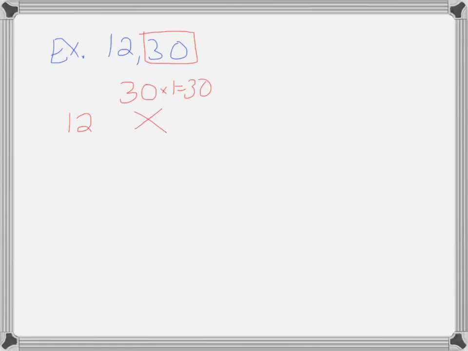So I try 30 times 2, which is 60. Will 12 divide into 60? Yes, it will. Therefore, 60 is the least common multiple. If 30 times 2 hadn't worked, then we would have moved up to 30 times 3, 30 times 4, and so on, until we found a number that 12 would divide into.